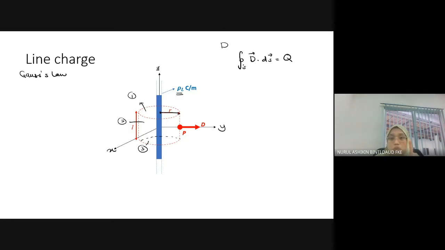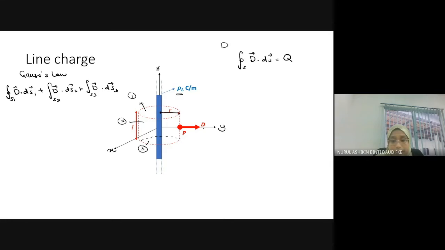So it will be the sum of the integral of D dot dS1 plus D dot dS2 plus D dot dS3, where all of these are vectors.